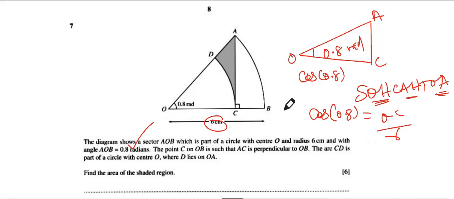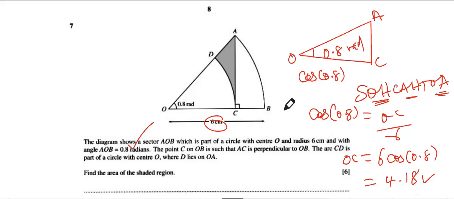So if we divide that, we can find what OC is. OC is simply going to be, cross multiply, 6 cosine of 0.8, right? You can just plug that in your calculator. You should be able to get 4.18. You use your calculator to confirm that.